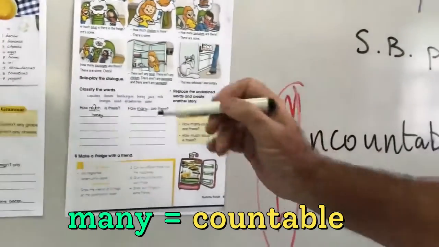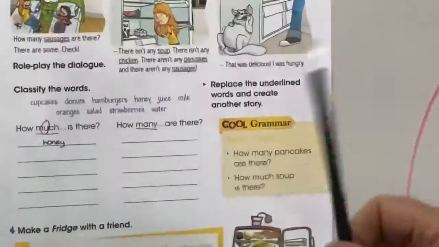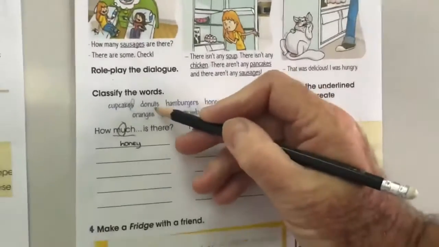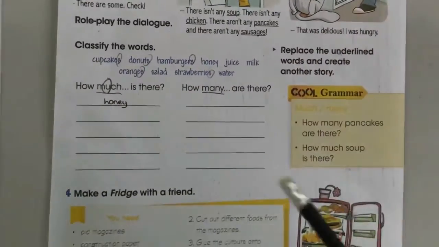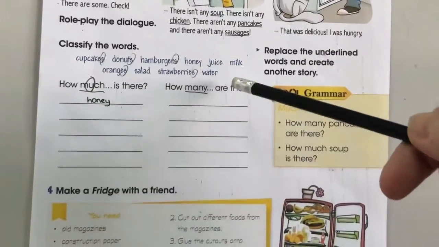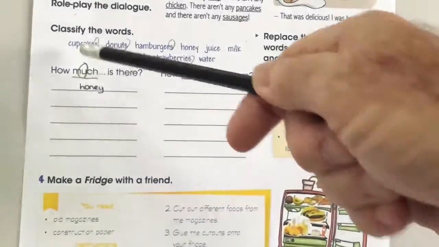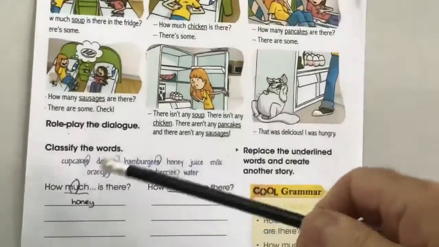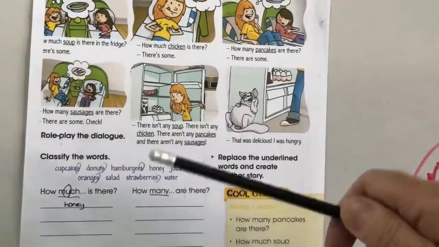Many we use for countable. So we've got to look at these. Okay, it's in the story. S on the end tells me it's countable. Okay, so if it's countable, then we're going to use many. Uncountable, U for uncountable, we use much. Okay, let's listen to the story, and then here look, uncountable and countable. Okay.